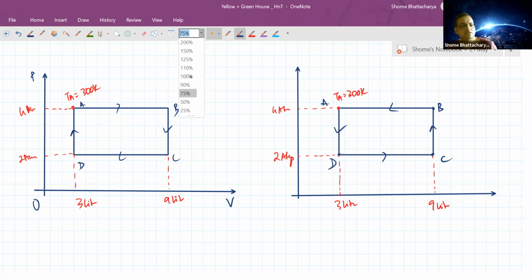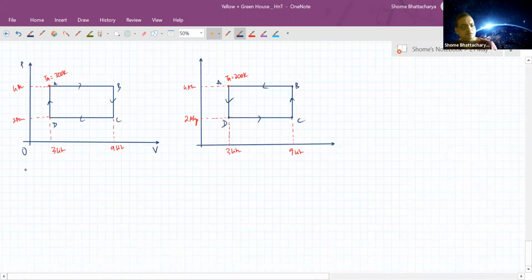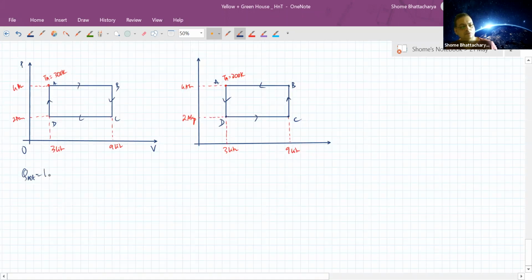So what we'll see is, as far as this is concerned, here Q net will be equal to W net will be equal to plus 1200 joules, or basically positive of the area enclosed by the loop, because it's a clockwise cycle.